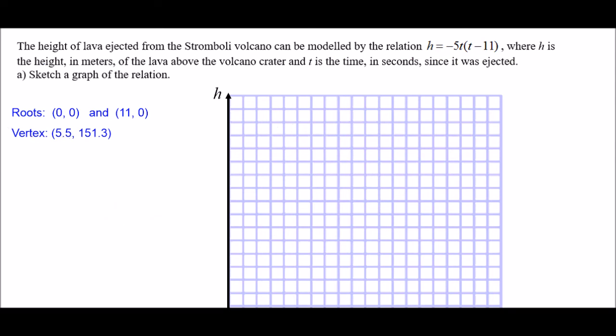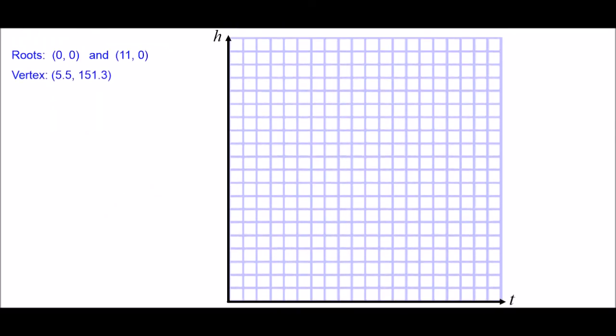So I've already started building a graph, and you'll notice I'm not using any negative values for time or negative values for height, because in this context, lava flying in the air over time, negatives just don't make sense. Now, across the t-axis, can I get to 11? Let me grab a different color pen. So here's 5, here's 10, that would be 15.